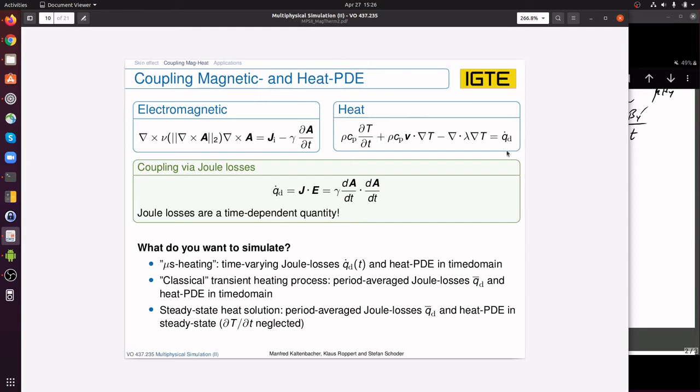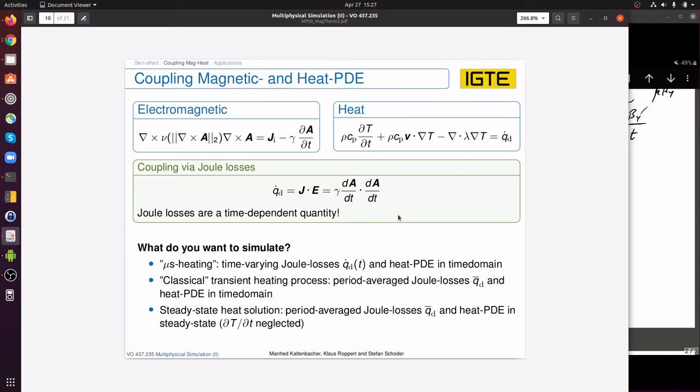So it's actually a dissipative quantity, and this dissipative quantity is transferred to temperature, to heat, via this term J in E. So if we insert the magnetic vector potential into our E field, multiply the E field with gamma to obtain J, and multiply these two terms, we get the representation of the Joule losses in time domain.